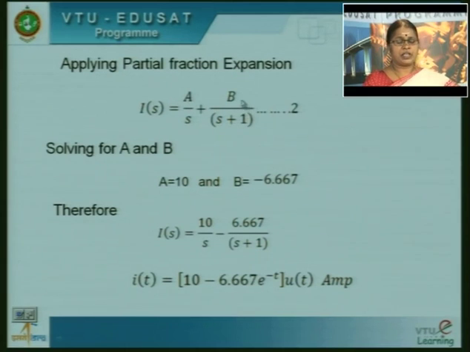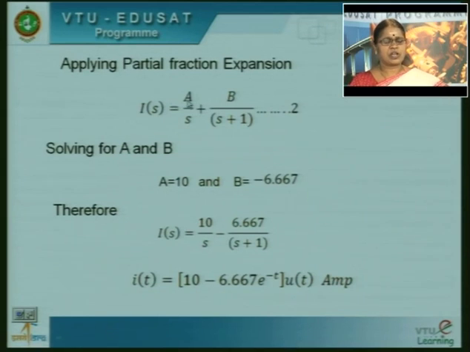As I told you in the last class, to find the value of A, multiply I of S by S and substitute S equal to 0. To find the value of B, multiply I of S by S plus 1 and substitute S equal to minus 1.